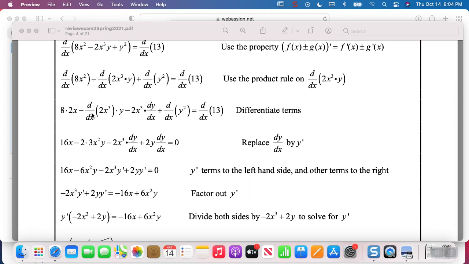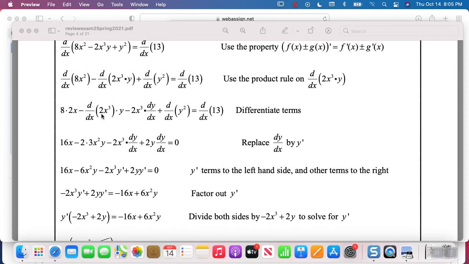Then the negative sign is distributed to both terms. First we take the derivative of 2x cubed and then times y, and then plus we keep 2x cubed and take the derivative with respect to x of y. When you take the derivative with respect to x of y, it just becomes dy/dx.